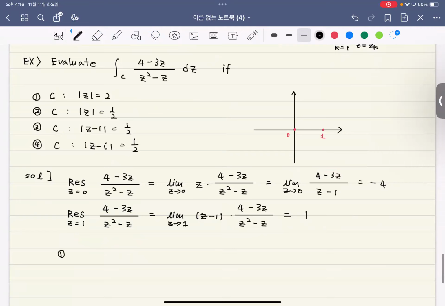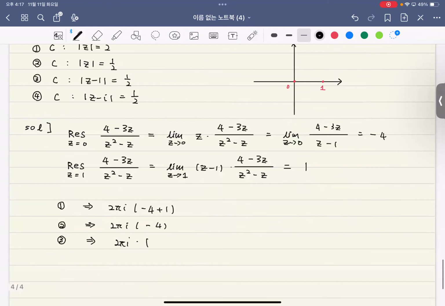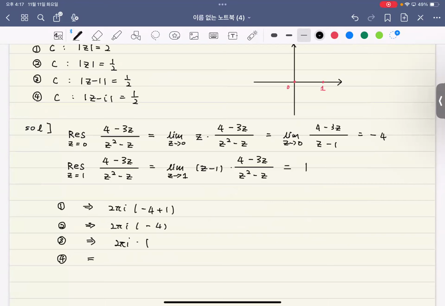So for case number 1, the answer is 2πi times (−4 + 1). And for case number 2, this is 2πi times −4. And for case number 3, it is 2πi times 1. And finally, this one equals 0. Okay.